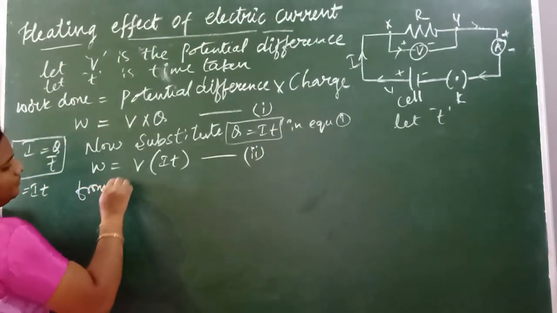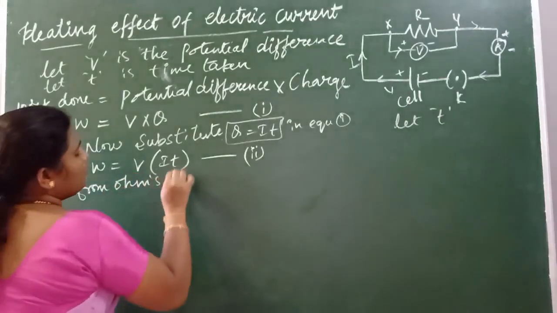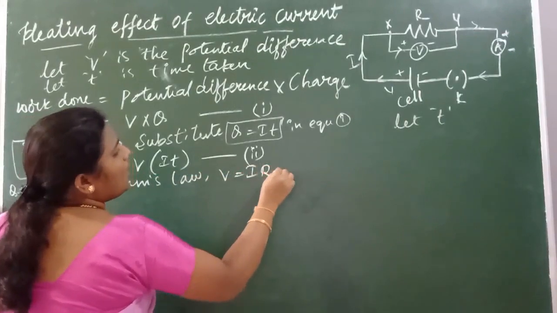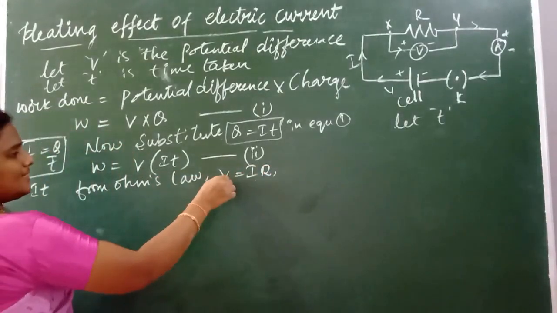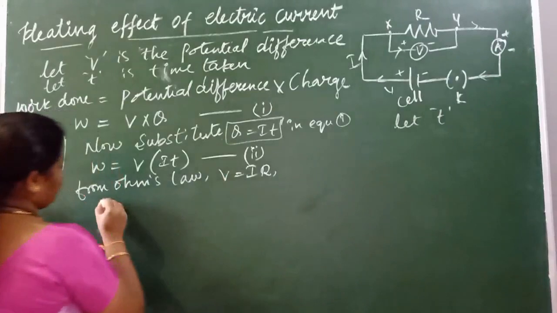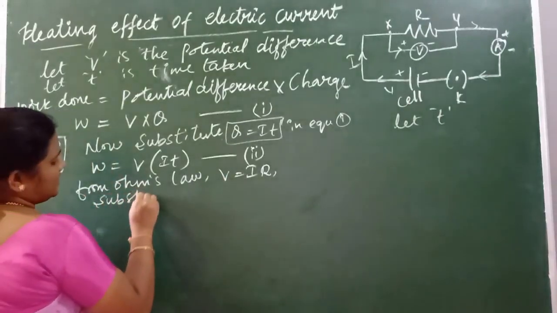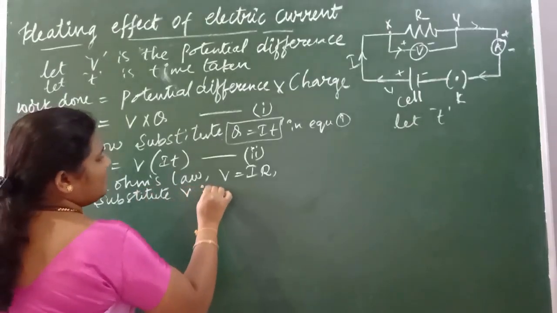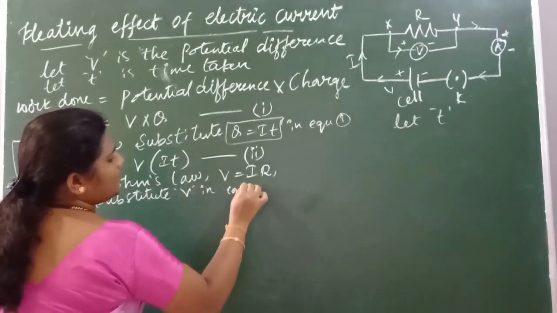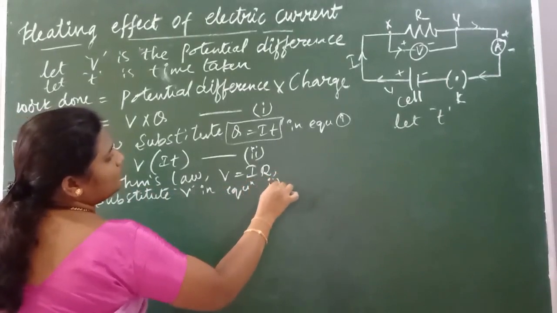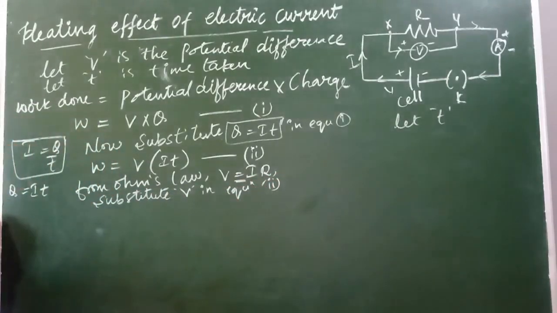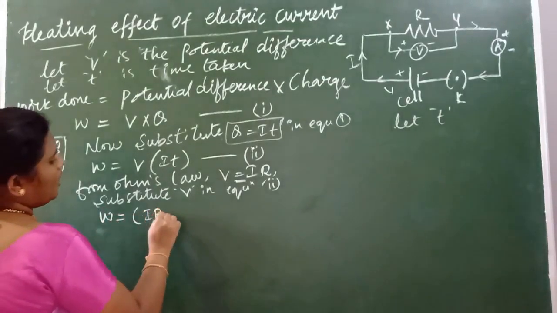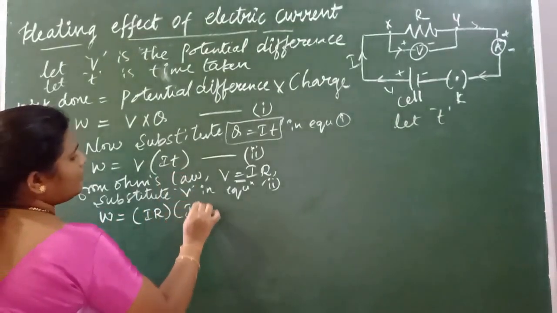From Ohm's law, we have V is equal to I into R. Isn't it, children? Now substitute this V in equation 2. What is the V value, children? I into R. So W is equal to I into R into I into T.